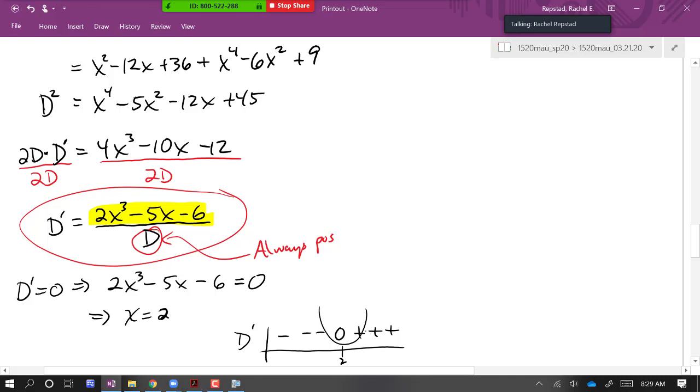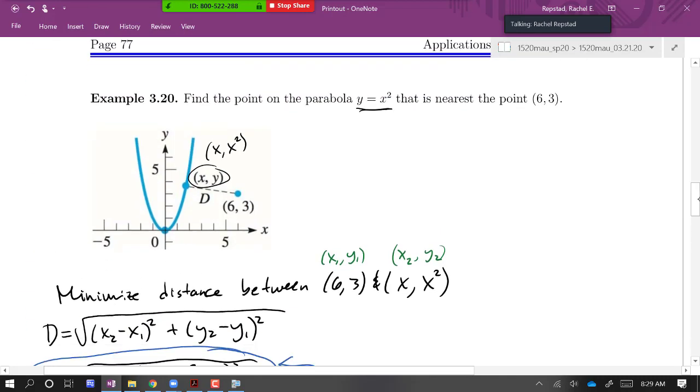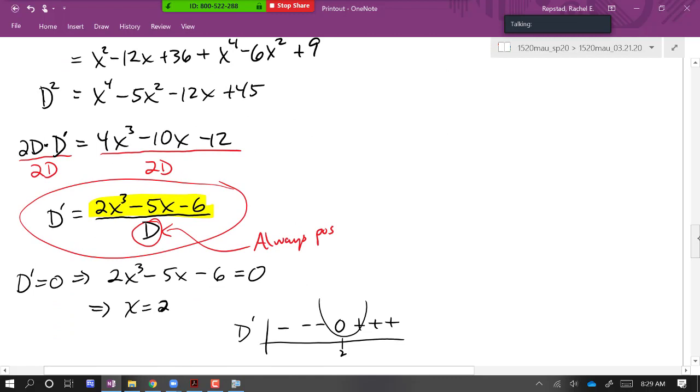And the last thing we need to do to finish this problem is to find the coordinates of the point, right? Find the point on the parabola. We have the x-coordinate, so we want to find the y-coordinate. Which is pretty easy, right?